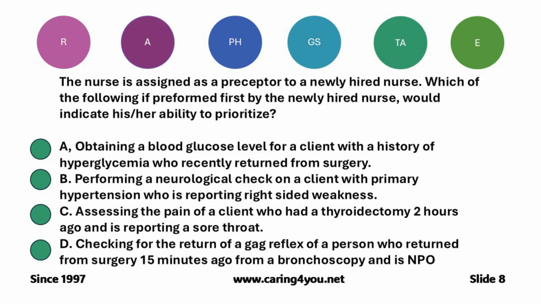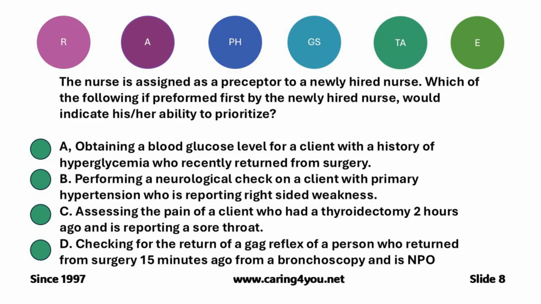So now what we want to do is look at our answers and say to ourselves, is this answer recognizing cues, analyzing cues, prioritizing hypothesis, generating solutions, taking actions, or evaluating? See, we're going through all 6 steps of the nursing process, of the clinical judgment measurement model.